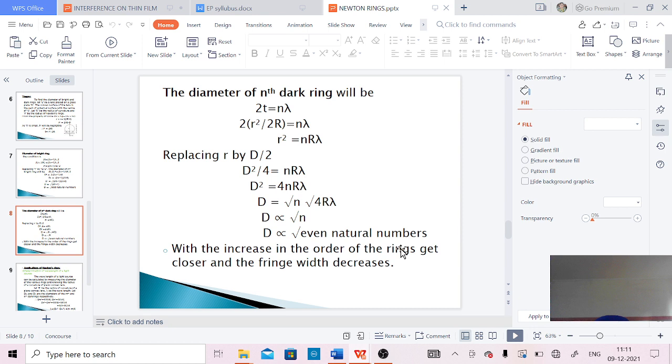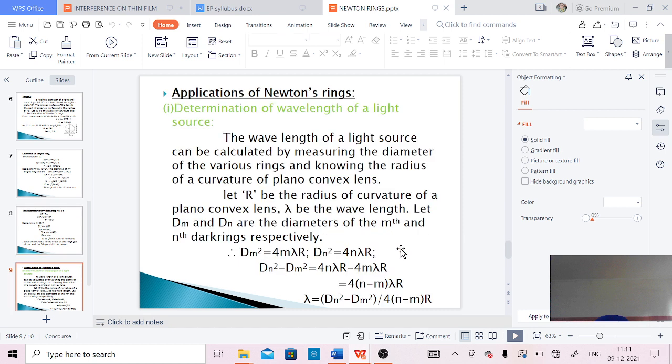Now let us see some more, very small topics, under the applications of Newton rings: determination of wavelength of light as well as refractive index. Using Newton rings we can get these. Let us see the determination of the wavelength of a light source.